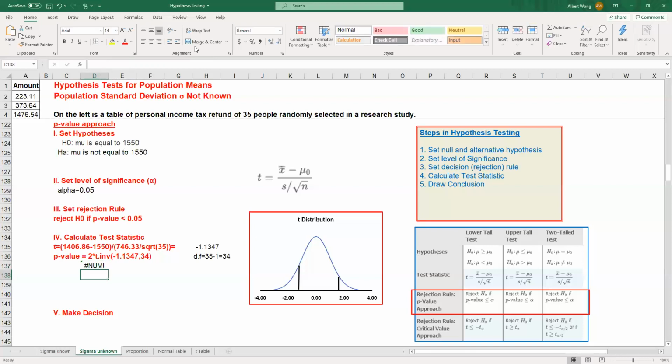And it should be okay. Something wrong here. I don't know what's wrong. Okay, so let's do it one more time, 2 times T.DIST. Let me just copy this one, and then the degree of freedom is 34. Okay, so let's just do that one. Oops.